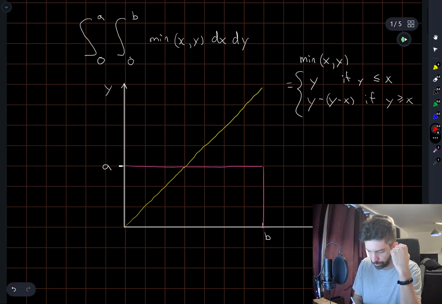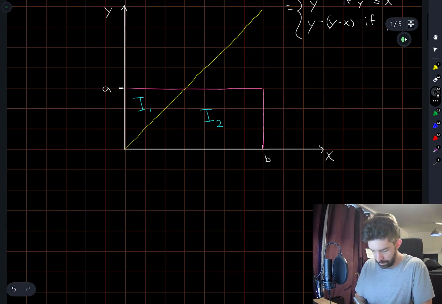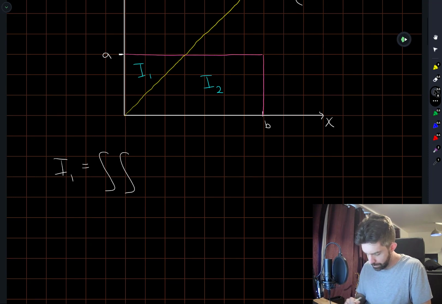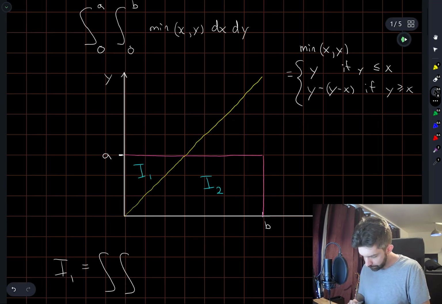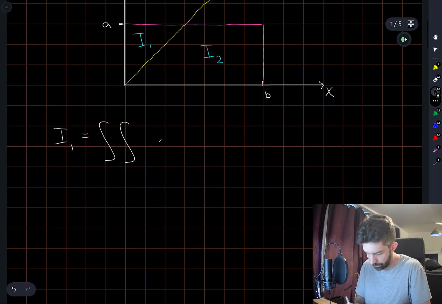I'll call this region, the integral for that region will be I1, and the integral for this region will be I2. So I1 is going to be a double integral. In that region, when y is bigger than x, we're integrating x, dx dy.